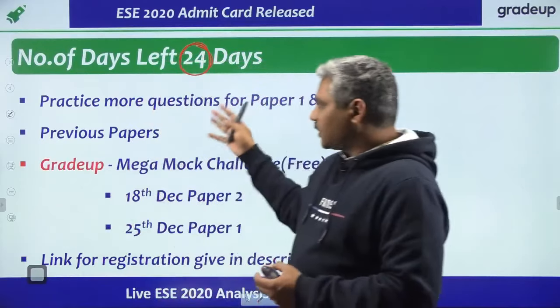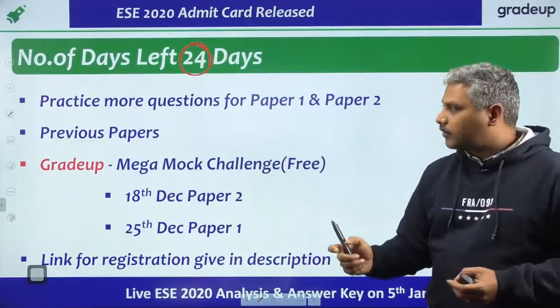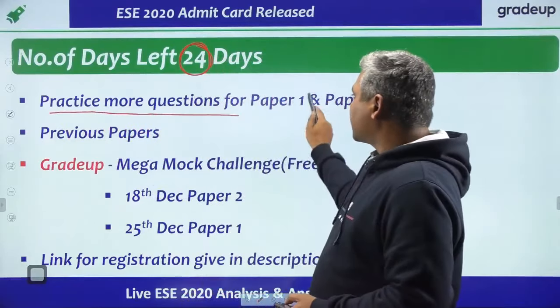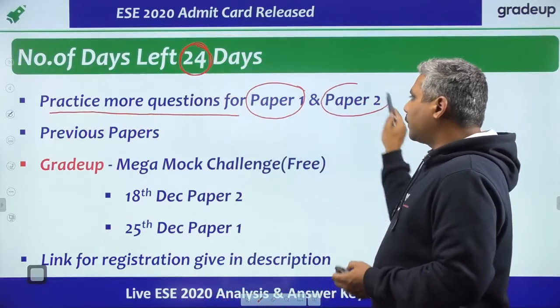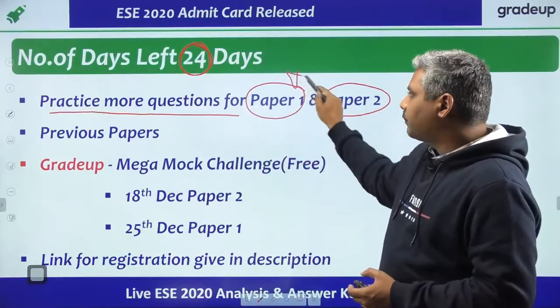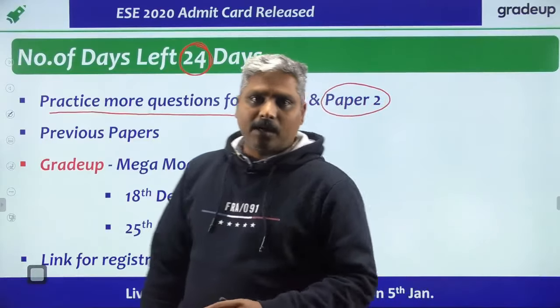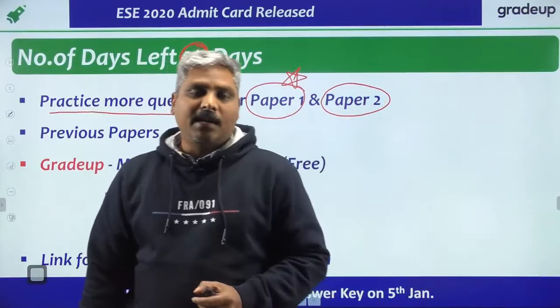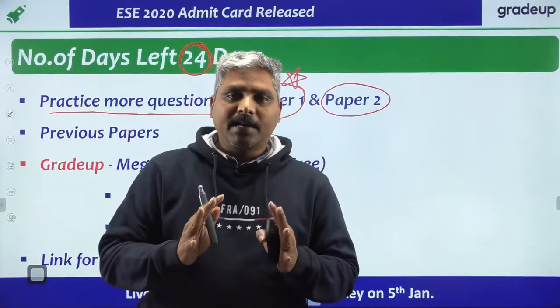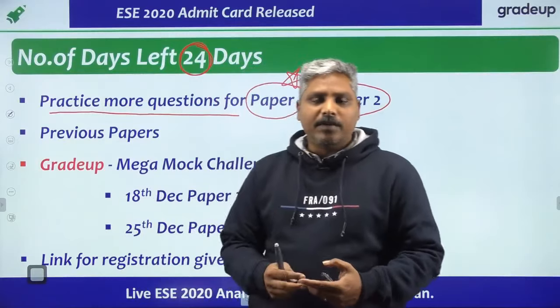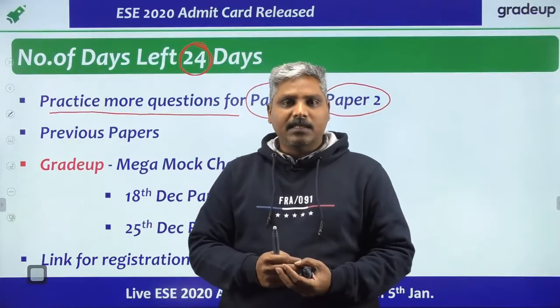My suggestion for these 24 days is to practice more questions, especially for paper 1 and paper 2. More importance should be given to paper 1. I know most of the engineers are weak in paper 1, which is general studies and engineering aptitude. So concentrate more on this. Try to solve more and more questions, practice more and more questions, write exams.